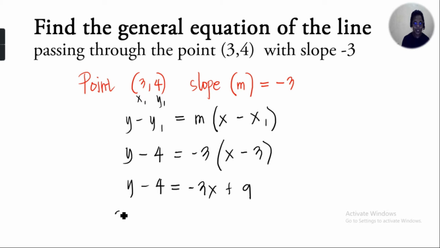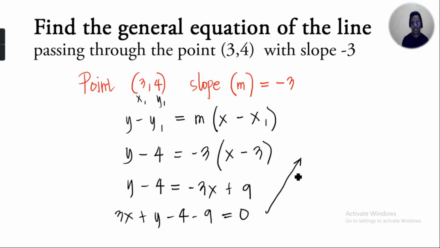Then, we have 3x, so from negative going to the left, so magiging positive, plus y minus 4, then positive 9 going to the left will become negative 9 is equal to 0.